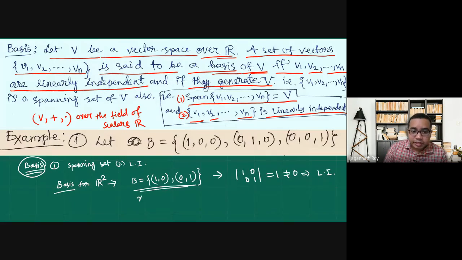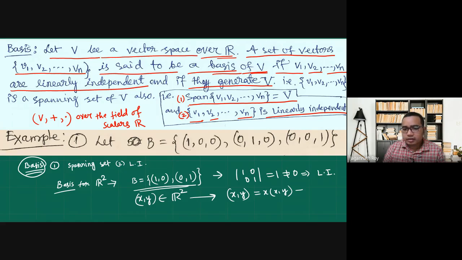And for any vector V belonging to the vector space, we can write it as a linear combination of these two vectors.